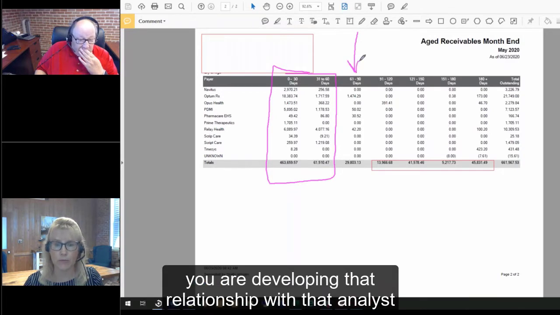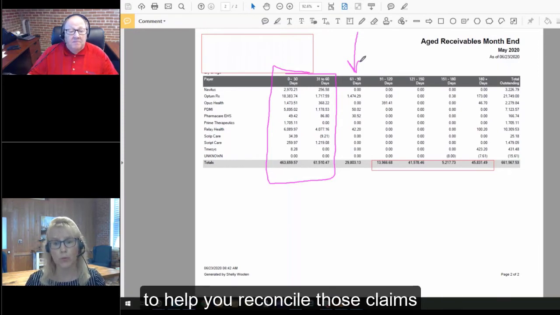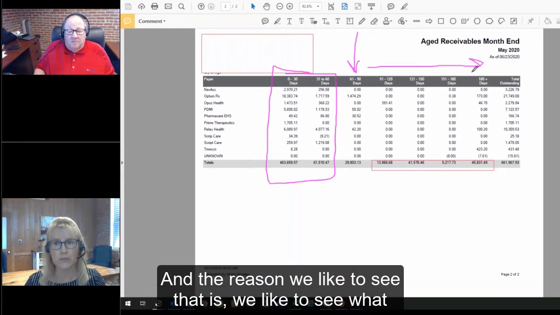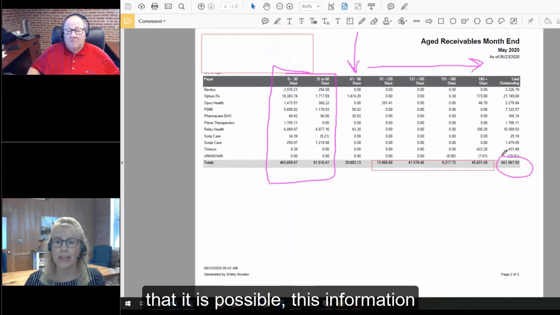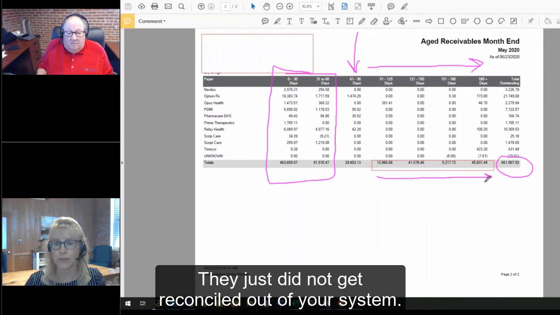You're developing that relationship with that analyst at FDS or whatever platform you're using to help you reconcile those claims so that you have nothing due over 90 days. And the reason we like to see that is we like to see what you're actually going to collect versus recording a number where it's possible these receivables you've already been paid for, they just didn't get reconciled out of your system.